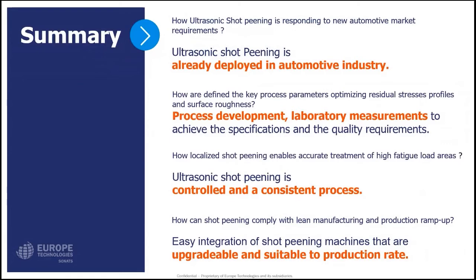The ultrasonic shot peening process is already deployed in the automotive industry because of our experience of automotive markets, our process development ability, our capacity to measure by X-ray diffraction the affected depth by the shot peening, and of course the capacity of the machine to be integrable in a production line at the customer plant.